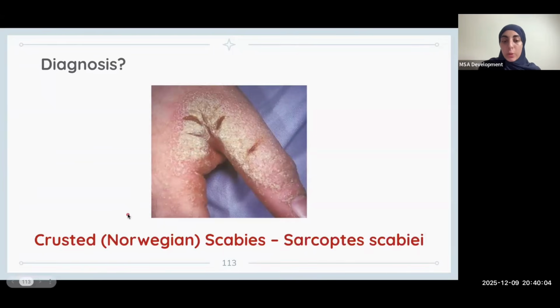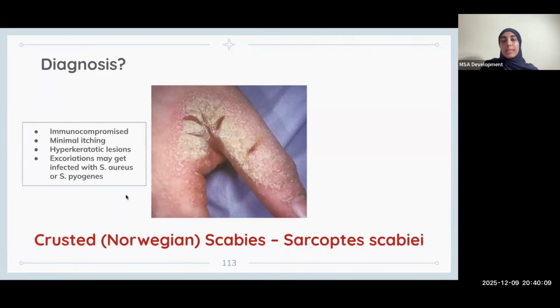This is crusted Norwegian scabies. This is another form of scabies. It's specifically in immunocompromised patients, and it's basically scabies with hyperkeratotic lesions. Look how thick and crusty and rough this lesion looks. This has minimal itching.